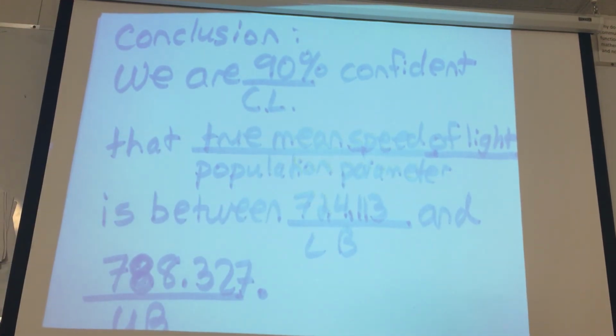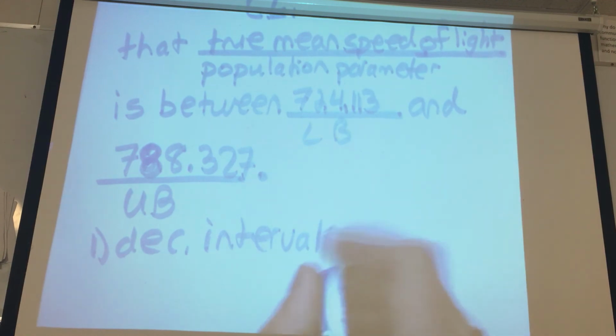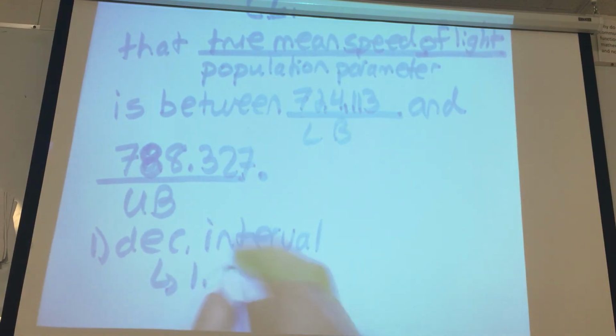Okay, finishing up with the last part. Extension question. How could we decrease the size of the interval? Well, you can decrease intervals in two ways, as I just discussed. You can decrease the interval by doing what? Well, you can decrease sample size.